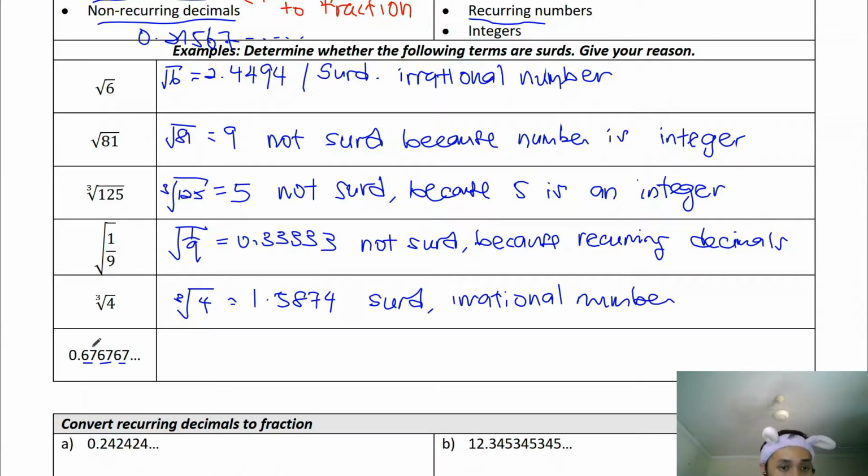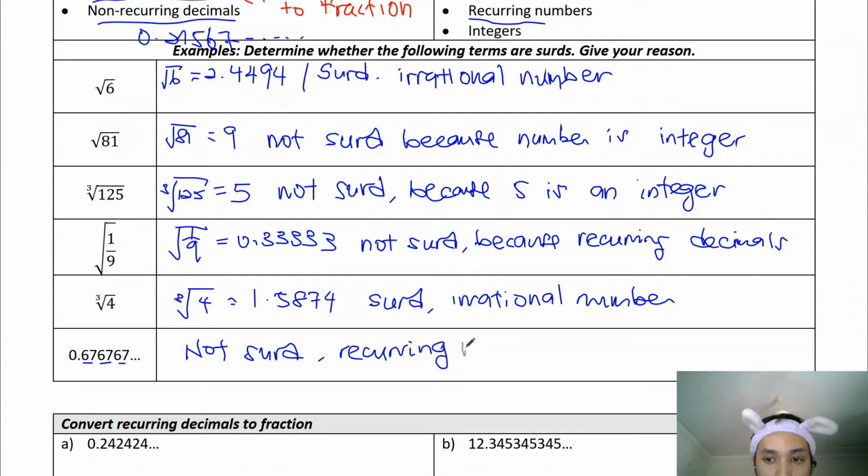And this one obviously is a recurring number, so this is not a Surd, because it is recurring decimals.